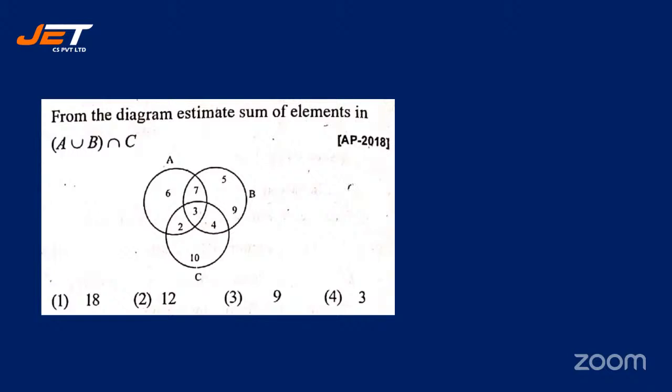Take your 1 full minute, students, not more than that, but quickly give me your answers. All right, so what is (A union B) intersection C? All right, let's see. It is 9.